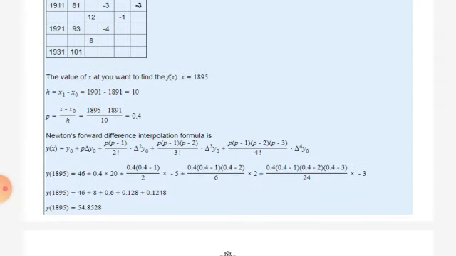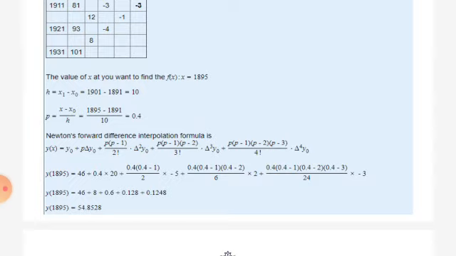Initially we will find the value of p, which is (x minus x0) by h. So it is 0.4. We will put the values according to the formula, and finally we will get the answer: y at x equal to 1895 is 54.8528.